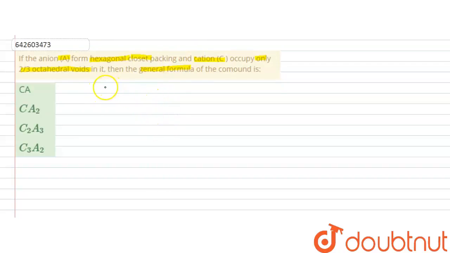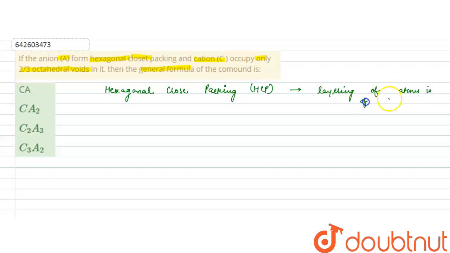So in hexagonal closed packing, that is HCP, the layering or stacking of atoms is of AB type.